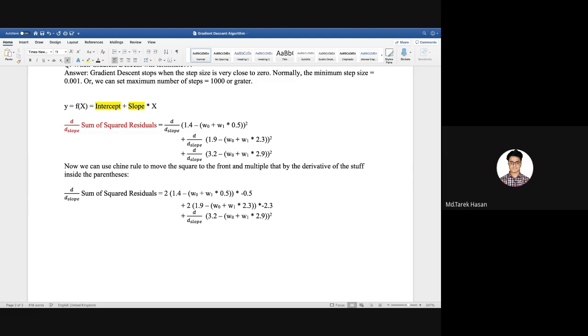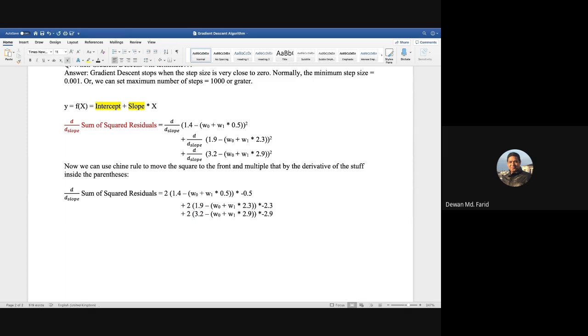Right, sir. And similarly, you can also write like this, minus 2.9. And this will be 2 times.